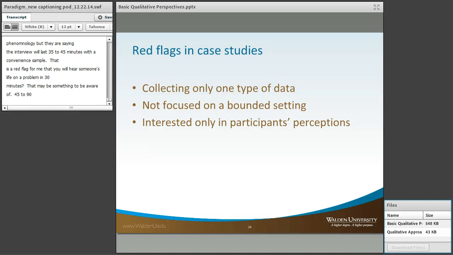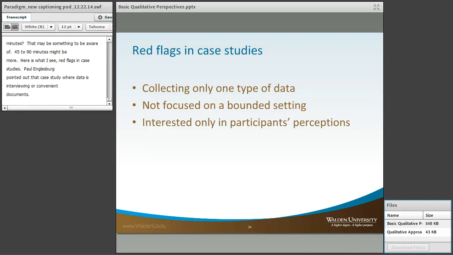And then here's what I see as red flags in case studies that might point to basic design. Paul Engelsberg, who's a URR in our education school, pointed out case study designs where the only data is interviewing, or maybe some thin or convenient documents.